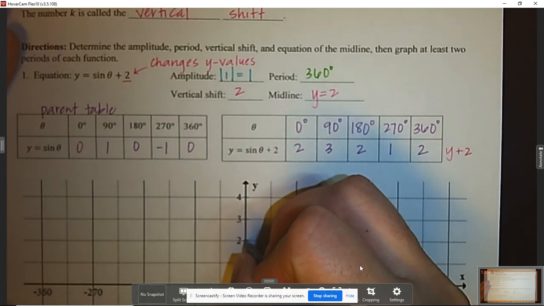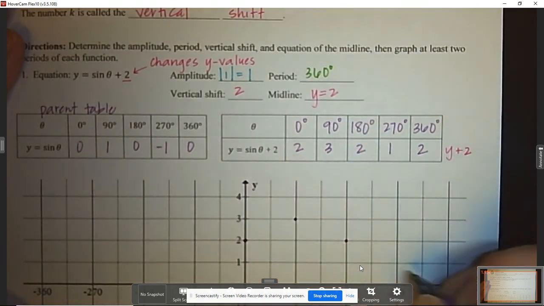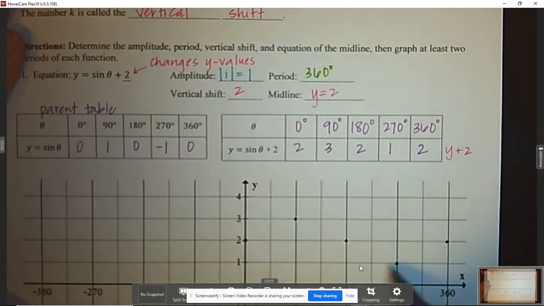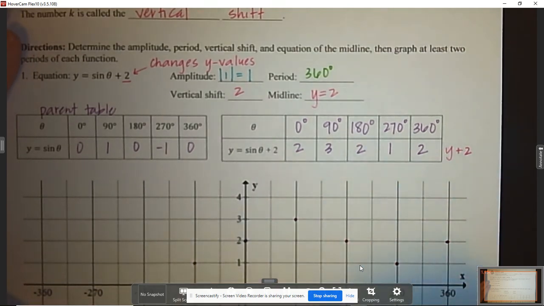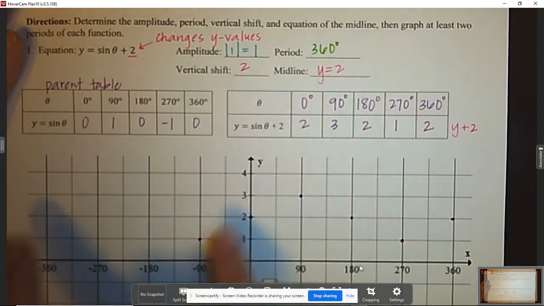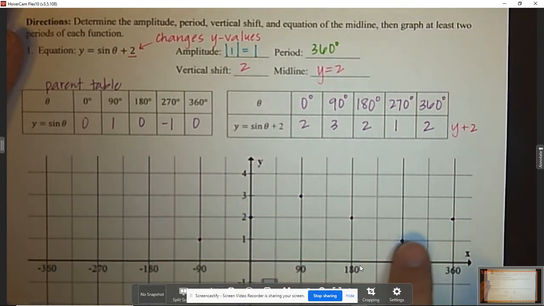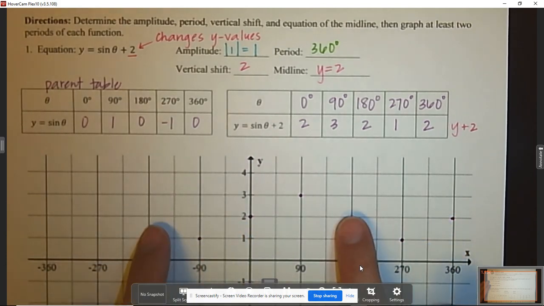If I graph these, 9, 3, 18, 2. Now, that's only one period, and the directions say 2, so I'm going to graph backwards here. This is the start and finish of the graph. So I'm going to put another copy of it here, kind of going backwards. So here, then here, now I'm going to graph here.